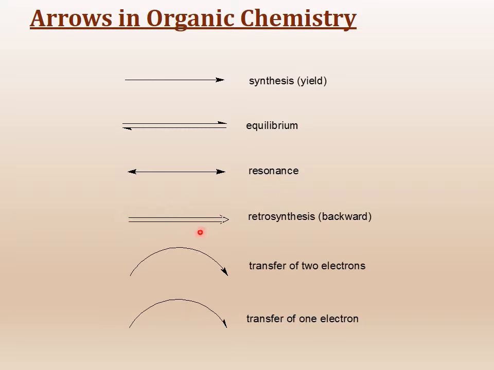This arrow, which is a double arrow pointing to the right, is what we call a retrosynthesis arrow, which in organic chemistry is a backward arrow, okay? So instead of a synthesis, this is retrosynthesis. This is going back, and this is because when we have large synthesis to do, we start from a large molecule and then we work our way backward.